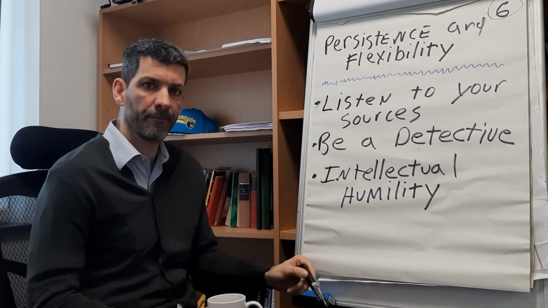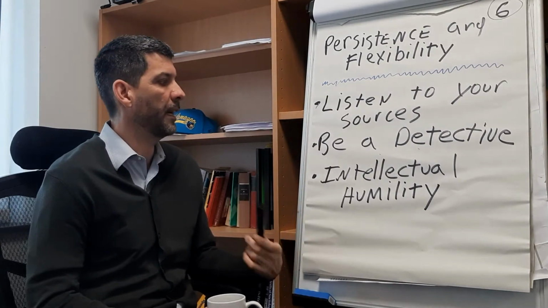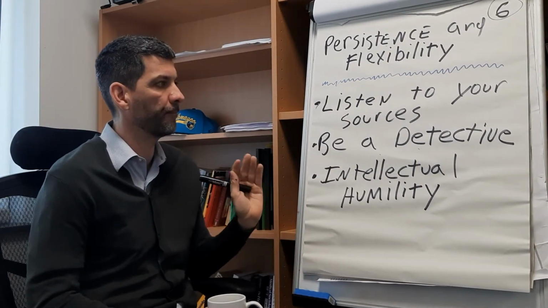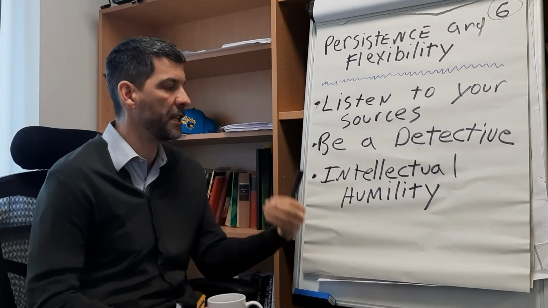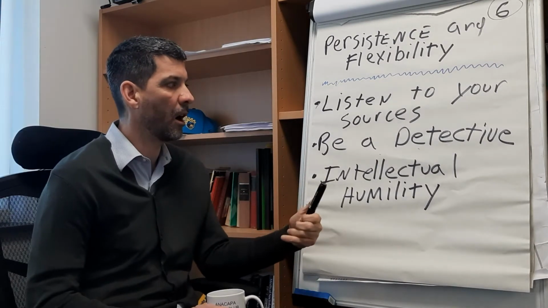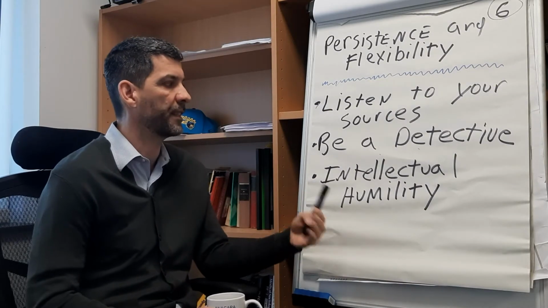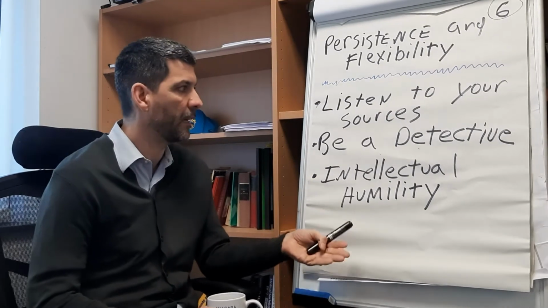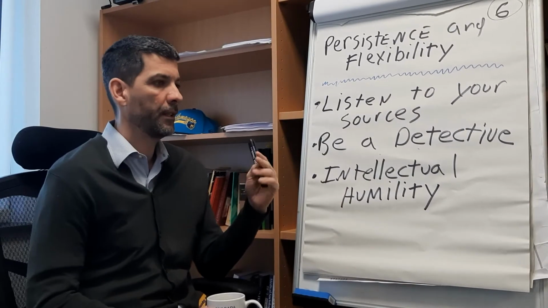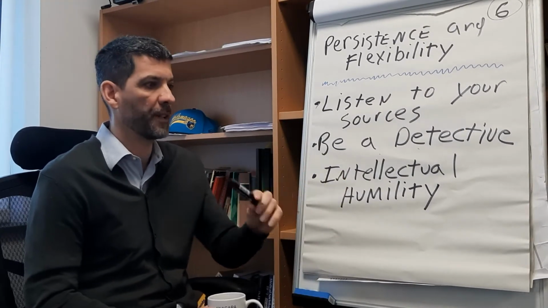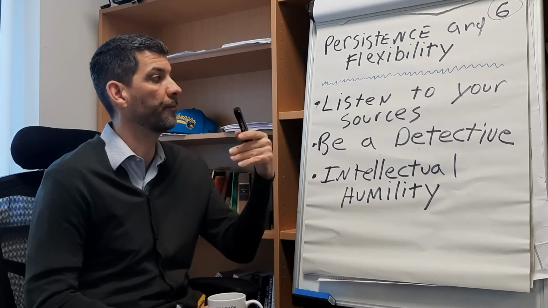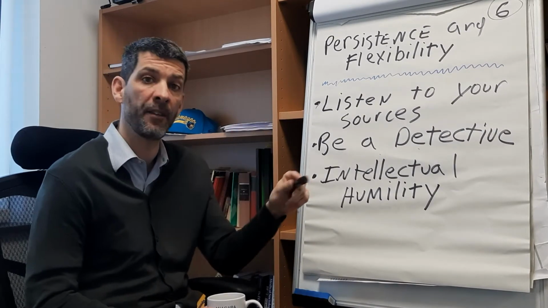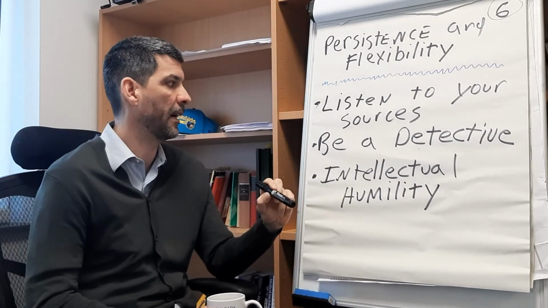Be a detective, right? In terms of the approach to research, think of it as a type of investigation. You are being an investigator, you need to be creative, you need to think about things from different angles. You need to be creative in how you find sources, right?